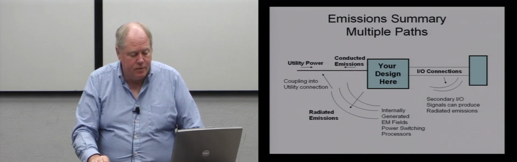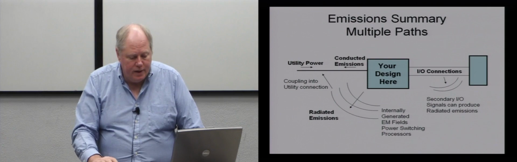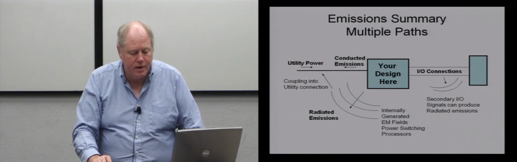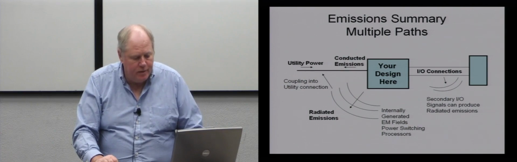So you're going to have to test what the device radiates, and then when you hook it up to something else through an I/O cable or something, you also have to test for emissions produced there. That's an overview of the big picture.